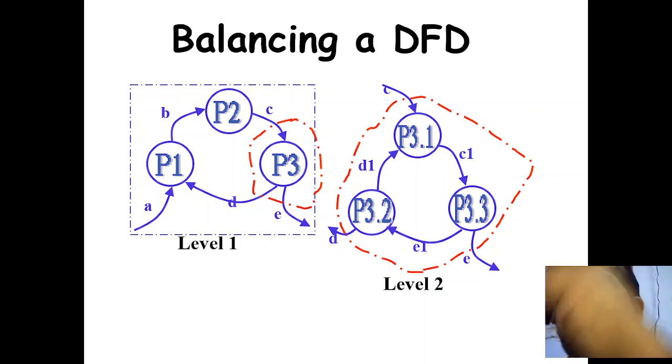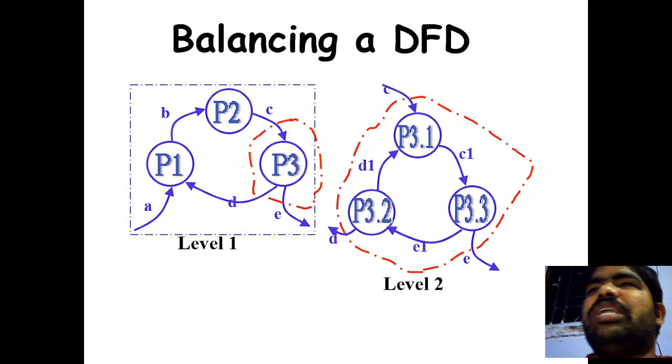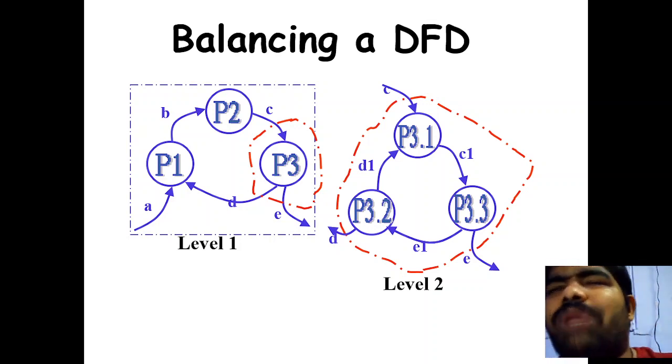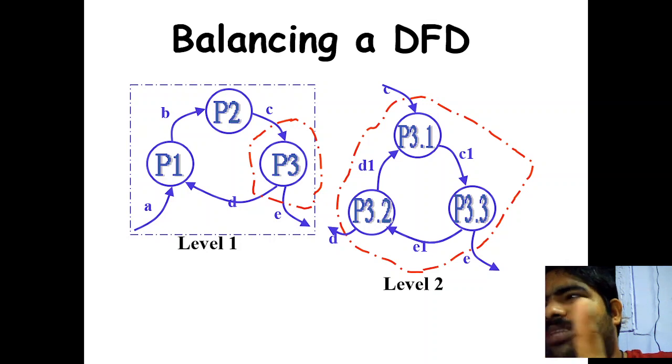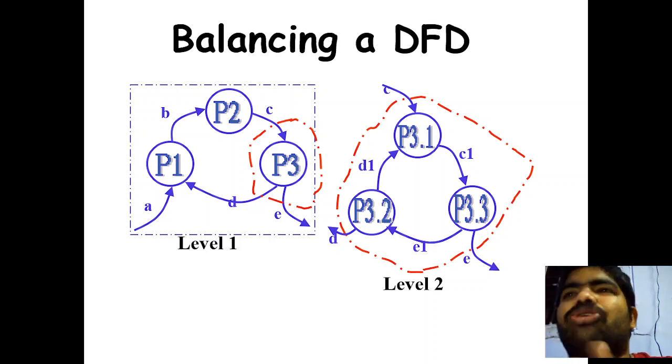That is the decomposition we are doing. In a context level we have the main operation, and coming to level 1 and level 2, that main operation is decomposed into parts. So balancing a DFD means that, however many levels we divide the main operation into, all these levels must carry the entire task of the main operation.